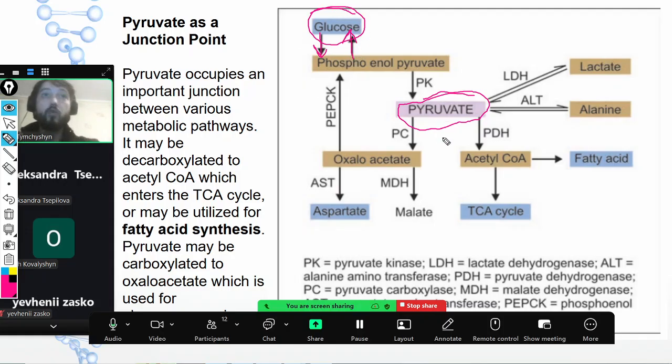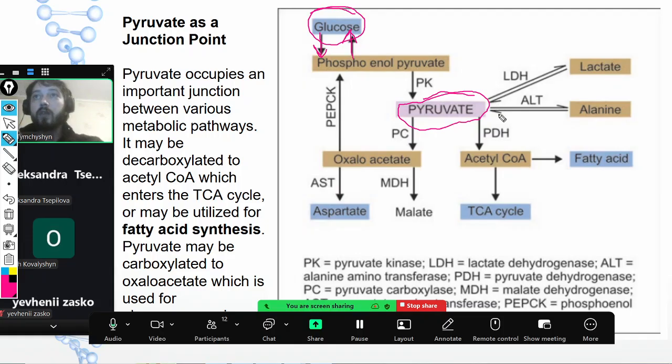I hope you remember why we need to resynthesize the glucose. And from here we can get to pyruvate, and go in different directions. I showed you that all these metabolic pathways are quite convoluted, and whatever we synthesize in one metabolic pathway can be reused by many different other metabolic pathways.